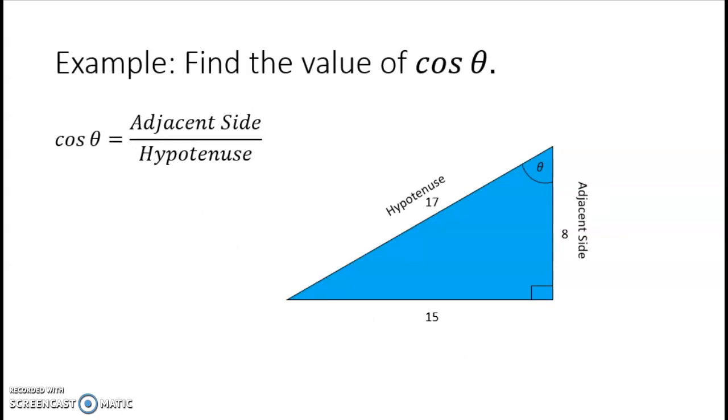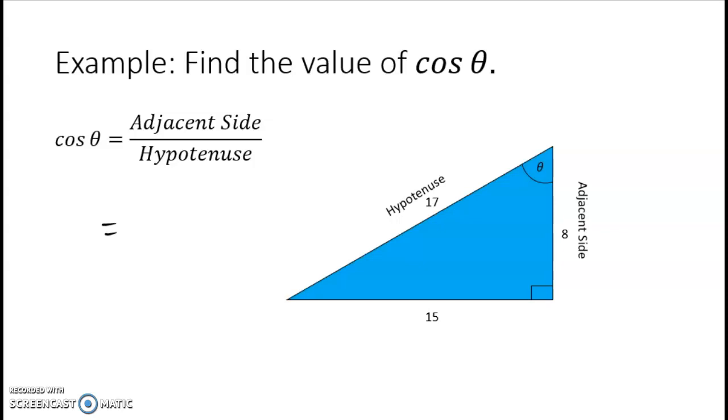Okay, now notice here our theta has moved. It was right here, but now it's up here. So that means that now the opposite side will be here, and now this will be the adjacent side. It's always in terms of where your theta is.